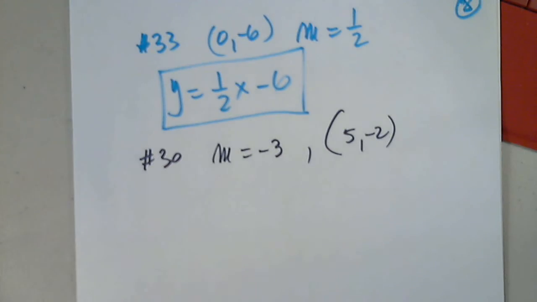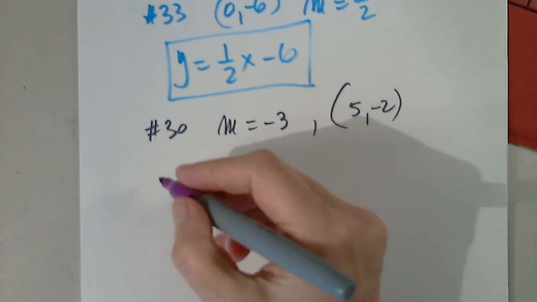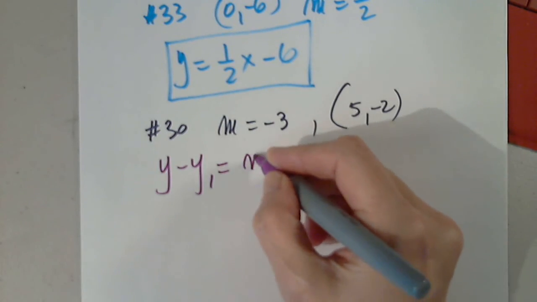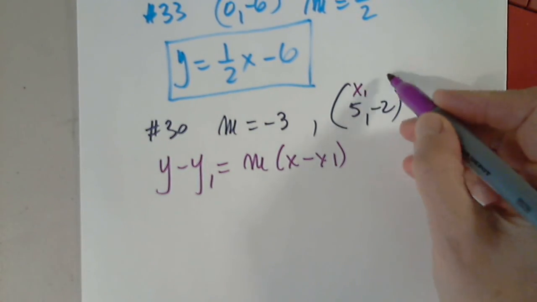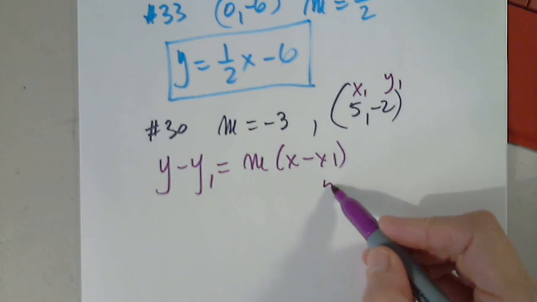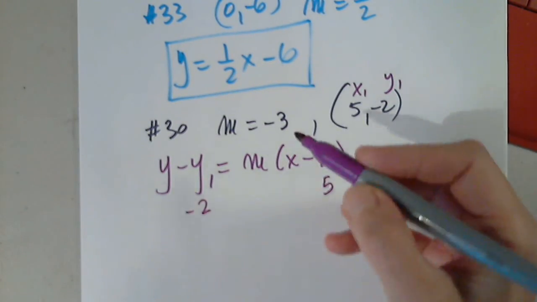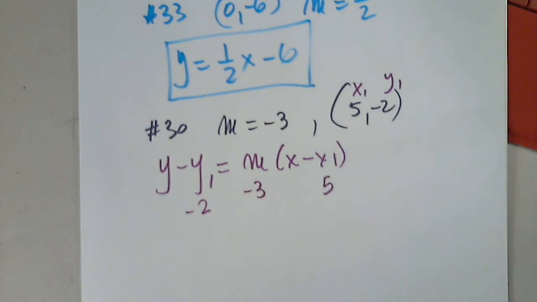There is absolutely no need. We have a very straightforward equation that allows us to find the equation of the line, which is the point-slope form. The point is (x1, y1), so x1 is 5, y1 is -2, and the slope is -3.